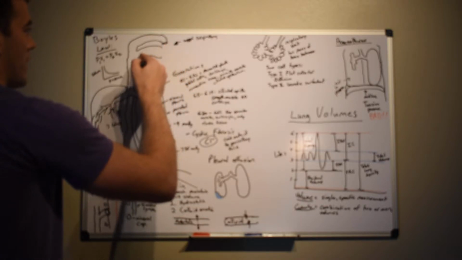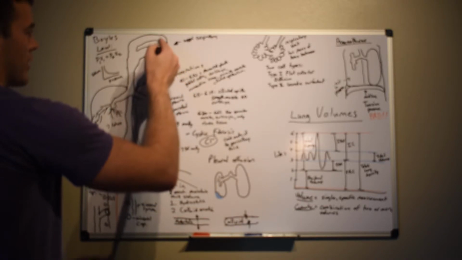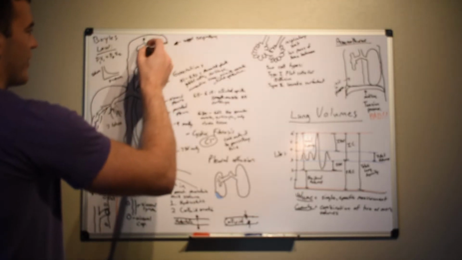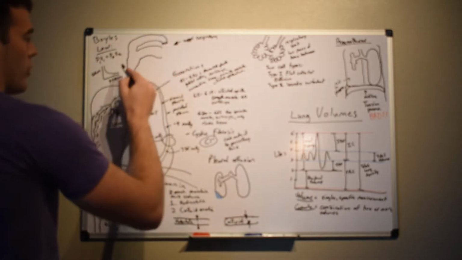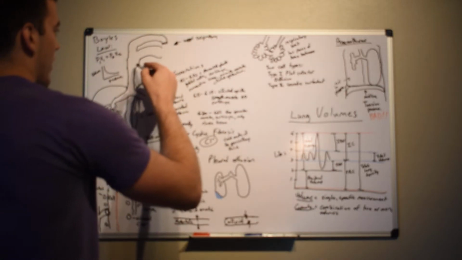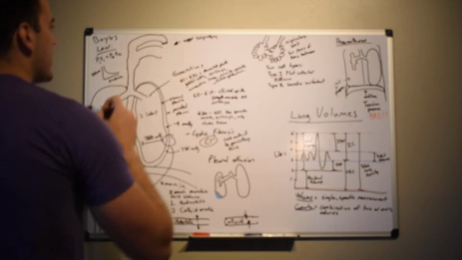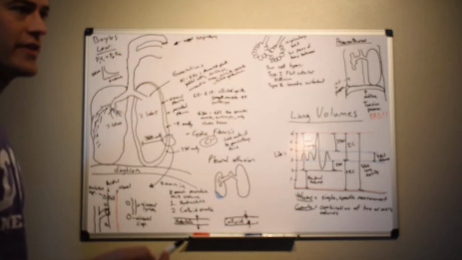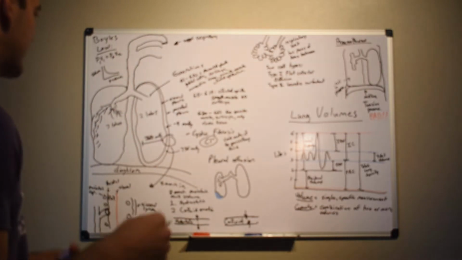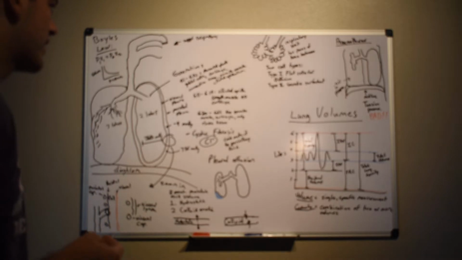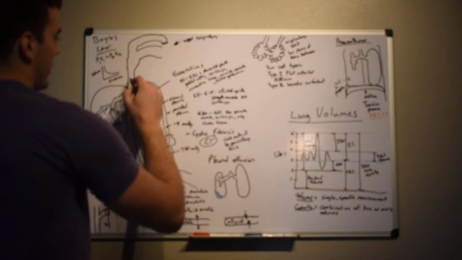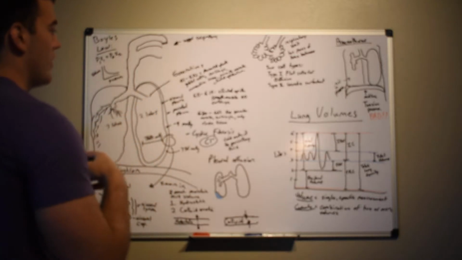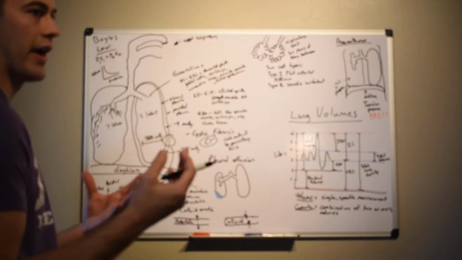We can come in through our mouth, or through our nose and nares, go to the nasopharynx or the oropharynx, and then go down through our trachea, through our vocal cords and all that good stuff. That's easy to look up in the lecture slides, so I won't go into that. But we go down, and then we come to our first division, our two main bronchi.